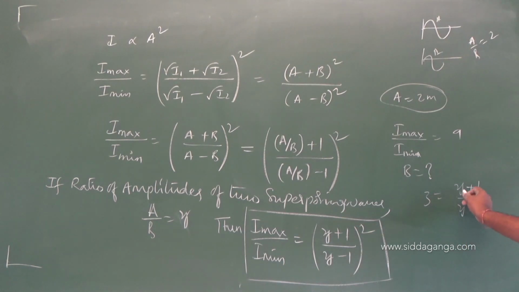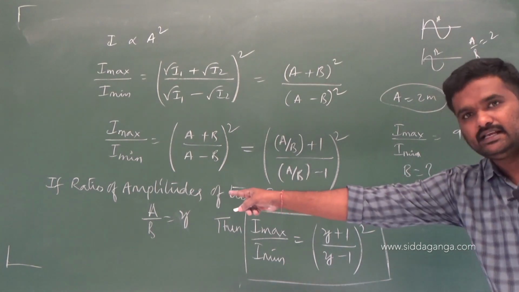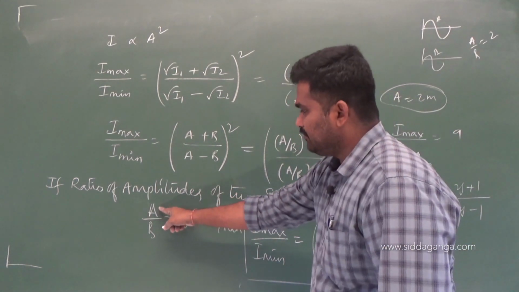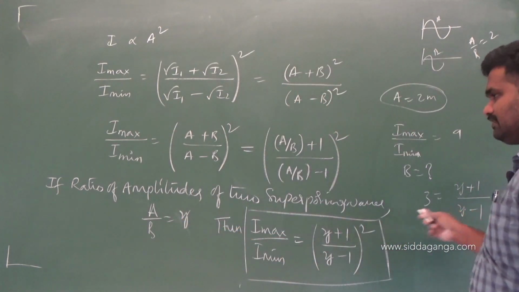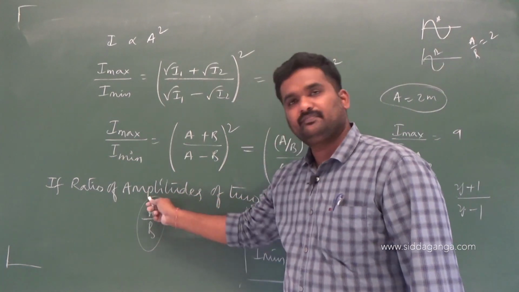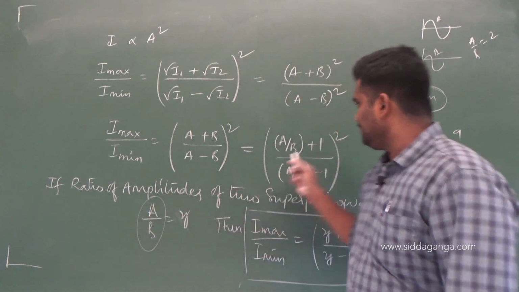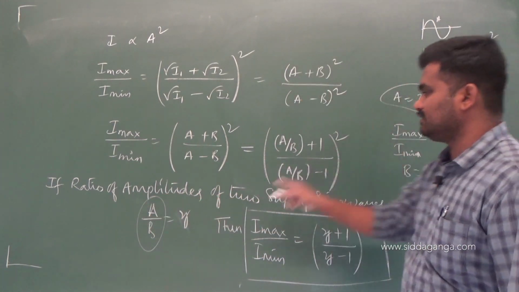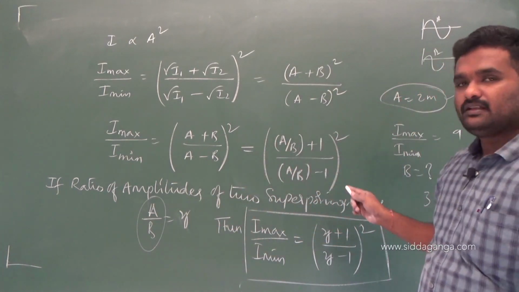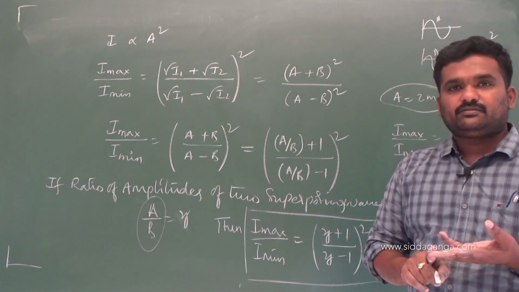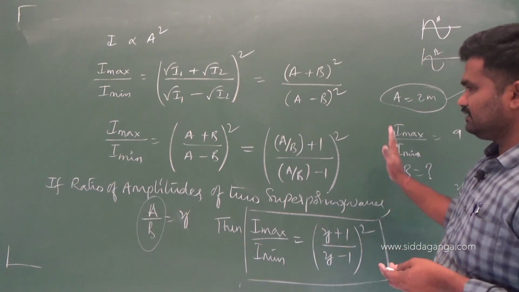You solve for Y. Y is A by B, the amplitude of the first wave divided by the amplitude of the second wave. If I solve for Y, I get the value of A by B. Since I already know the value of A, we can solve for B in this equation. So that is the use of these intensity-amplitude relations.